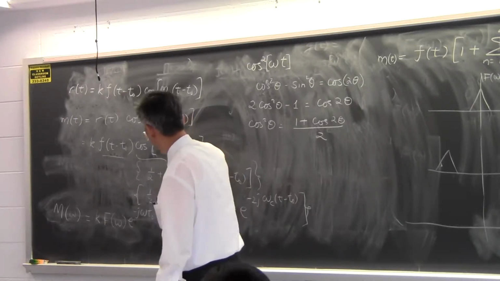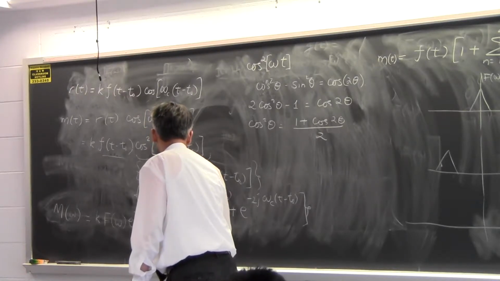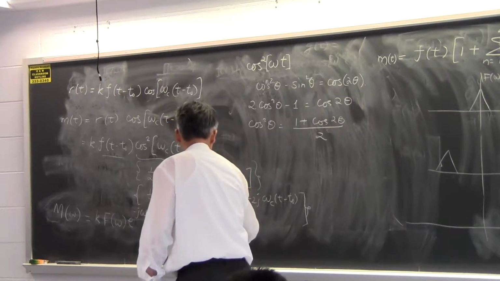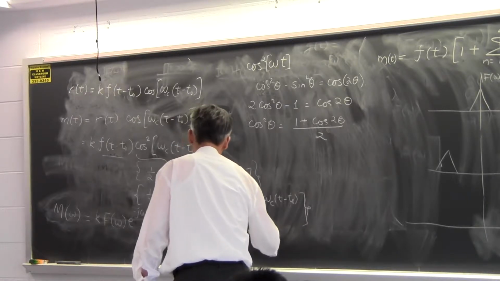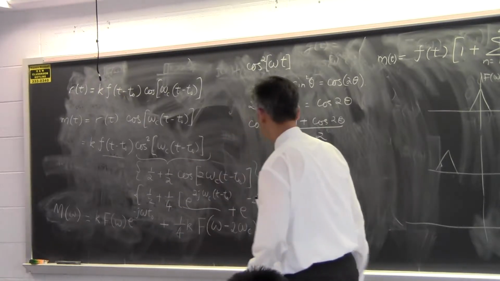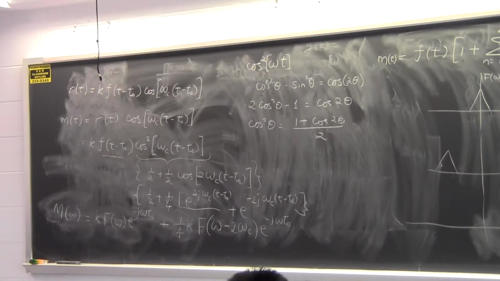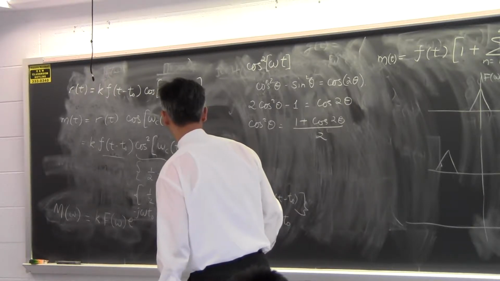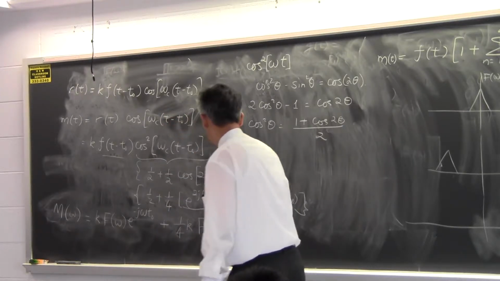But then you can shift it first before you add the phase, so it will be 1/4 k f of omega minus 2 omega c, e to the minus j omega t naught. This is what it does to that thing over there. Let me see if I do it correctly. So it shifted in this direction.